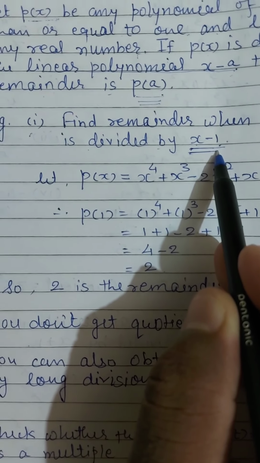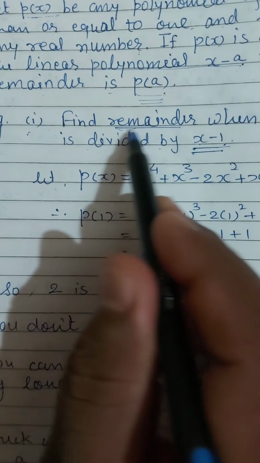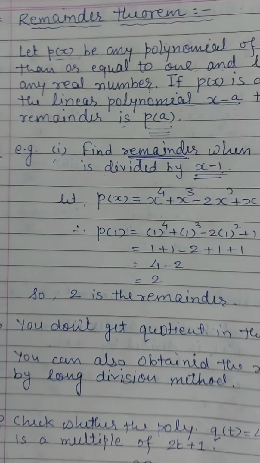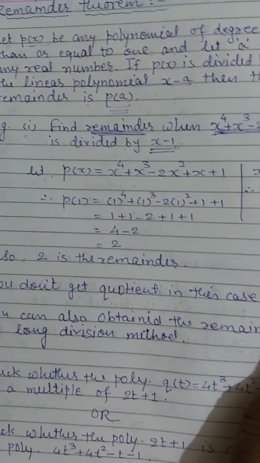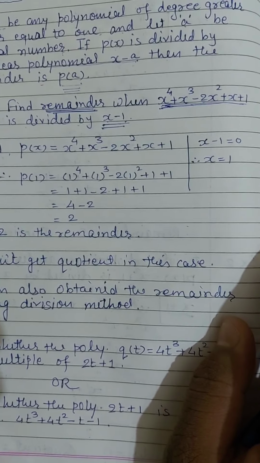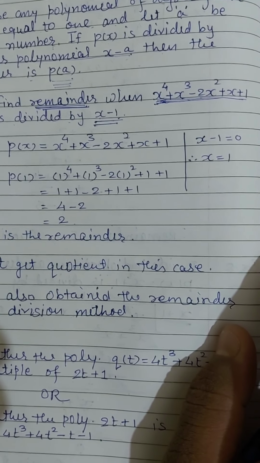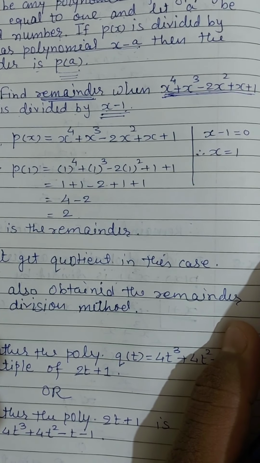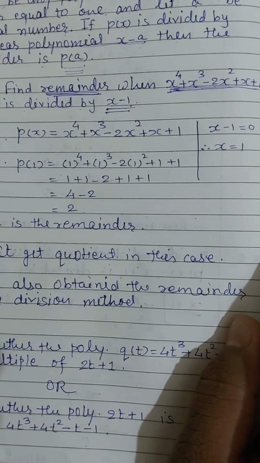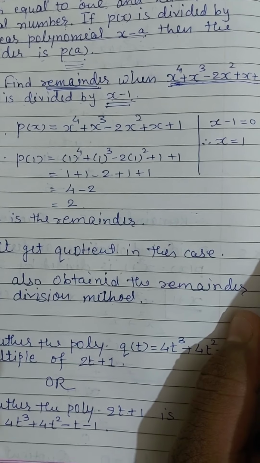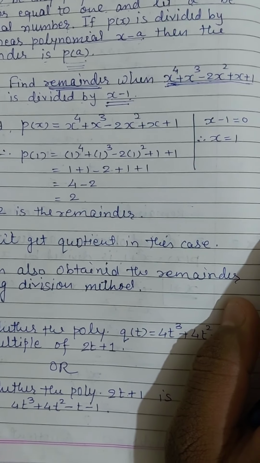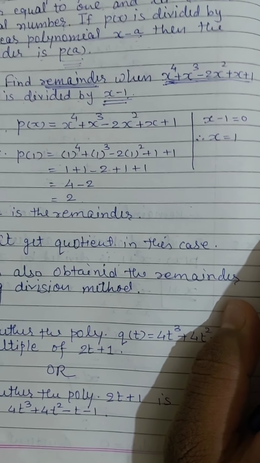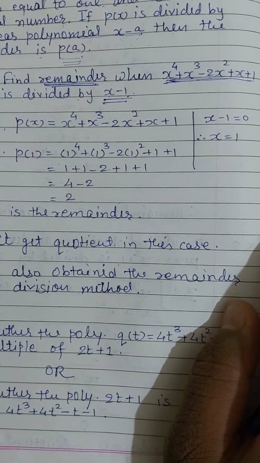So, here we have to find out the remainder. Remember this: by using the remainder theorem, we will directly obtain the remainder when one polynomial is divided by a linear polynomial. There is no need for the long division method. If you apply the remainder theorem, you will directly obtain the remainder.